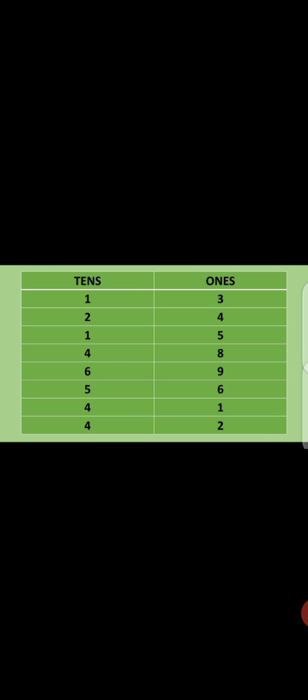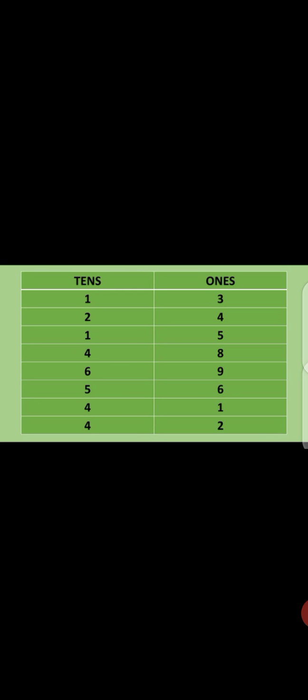Now next, 48. In 48 there are 8 ones. So the place of 8 is ones and there are 4 tens. So the place of 4 is tens. Now next, 69. In 69 there are 9 ones and 6 tens.